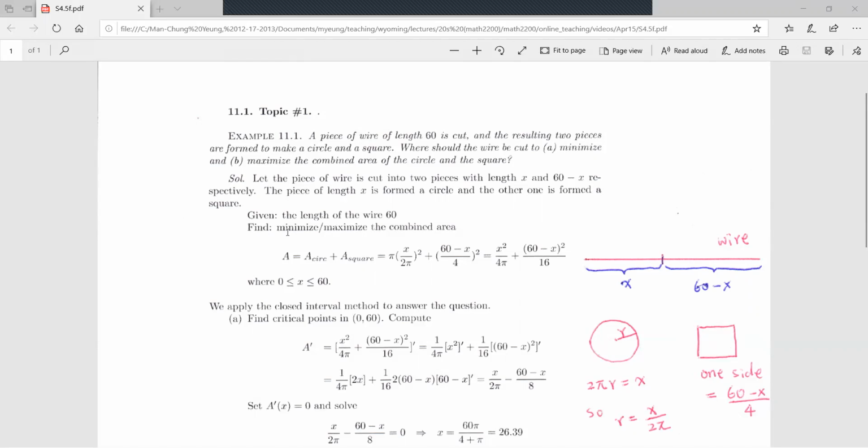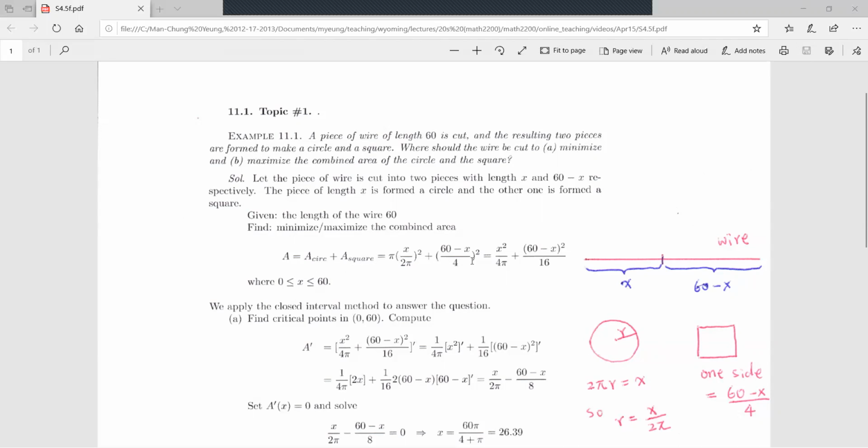What we need to find is minimize and maximize the combined area. I let A denote the combined area. It is area of the circle plus area of the square. Area of a circle is pi r squared, but r now is x over 2 pi, so area of this circle is this term.